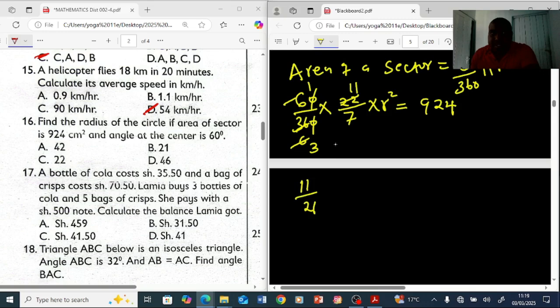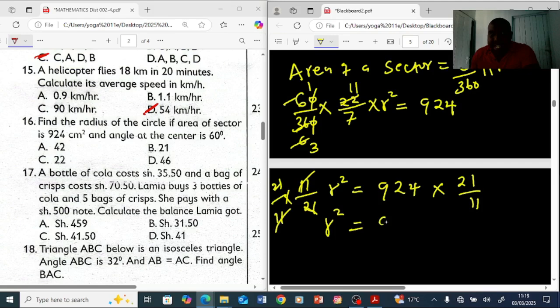R squared is equal to 924. Now to get R, we multiply both sides by the reciprocal of this fraction, 21 over 11, so this one cancels out. So R squared is equal to 924 times 21 divided by 11.